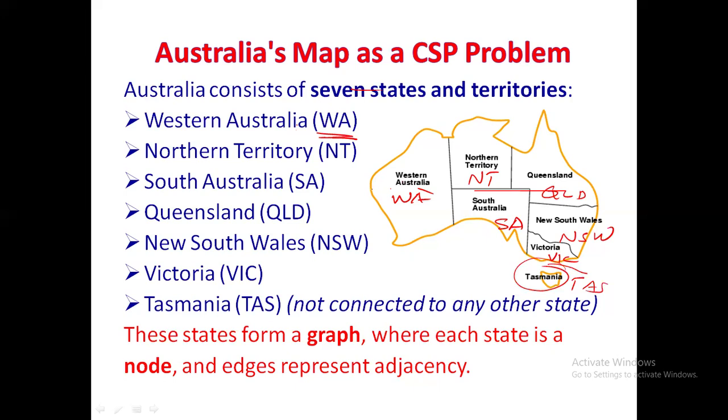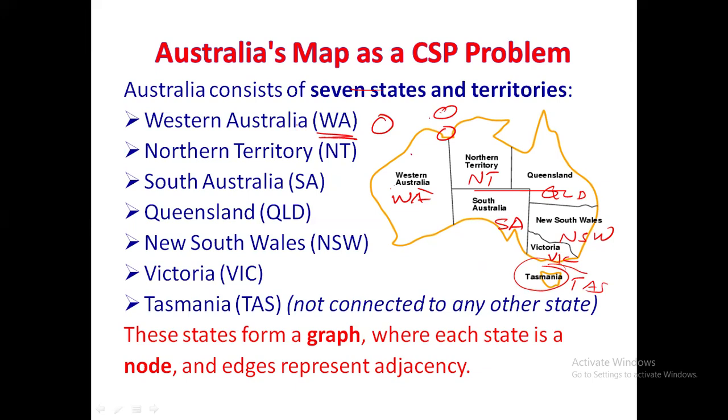These states form a graph structure where each state is represented as a node, and edges represent the adjacency between the states. Since Tasmania is an island and does not share borders with any other state, it does not contribute to adjacency constraints and will not have any problem.